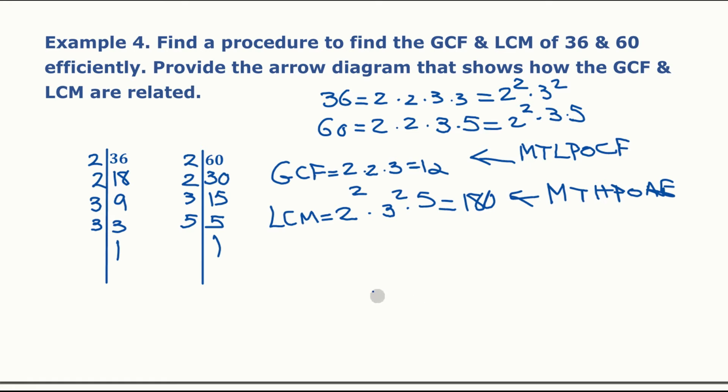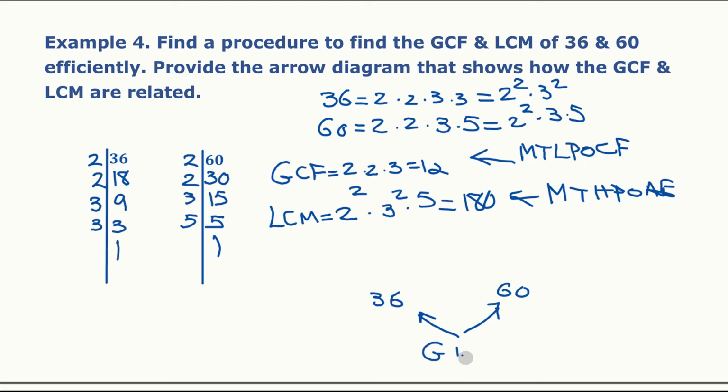So again, the two numbers under discussion here are 36 and 60. Now we know that the largest number that goes into both of them is going to be 12.